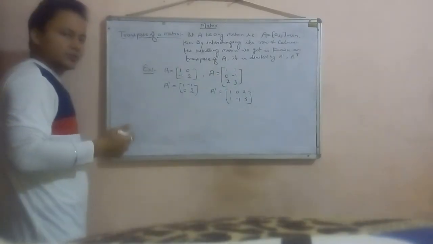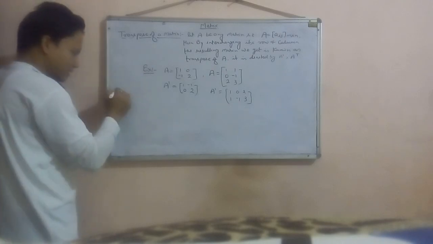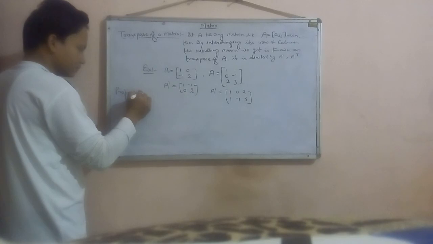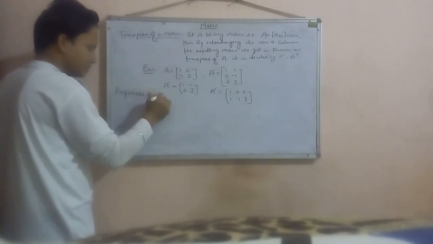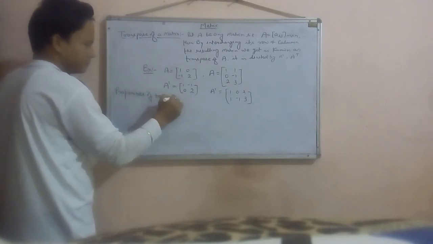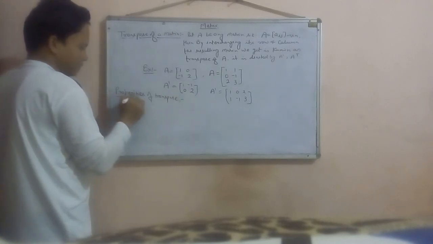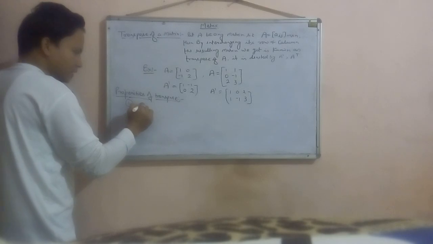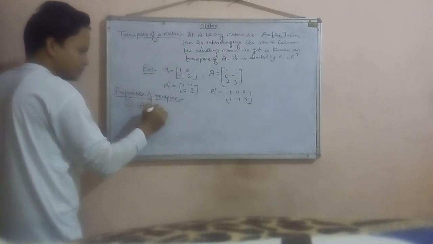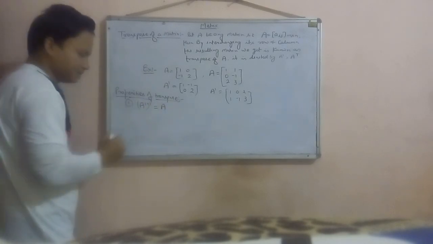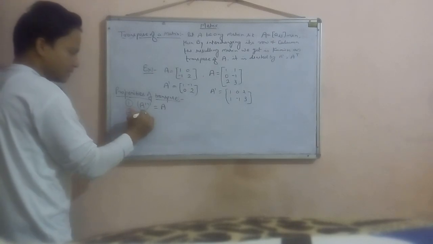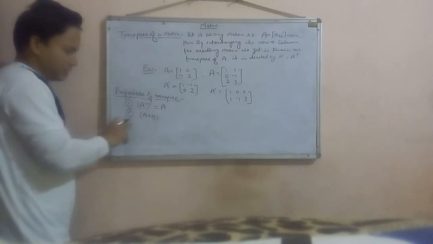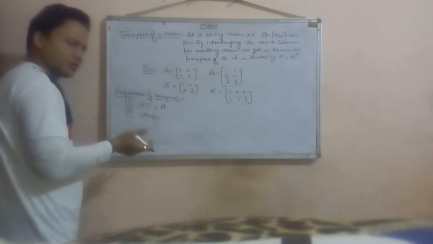So now we are going to study the properties of transpose of matrix. There are some properties of transpose. The first one is A transpose whole transpose always be equal to A. Second is A plus B, where A and B are both square matrices or matrices of same order.